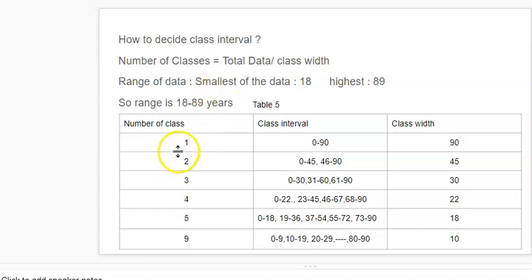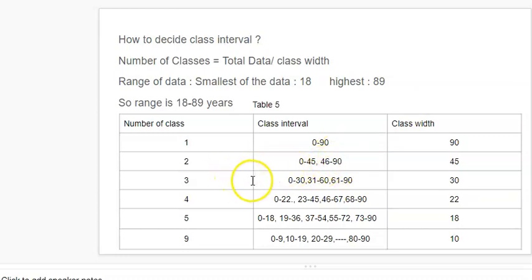So what I do is, first, only one class with all 90 people together, and then I divide into 2: 0 to 45 and 46 to 90. Now I can understand the possibility of diabetes in the age group of 0 to 45, and in the age group of 46 to 90.